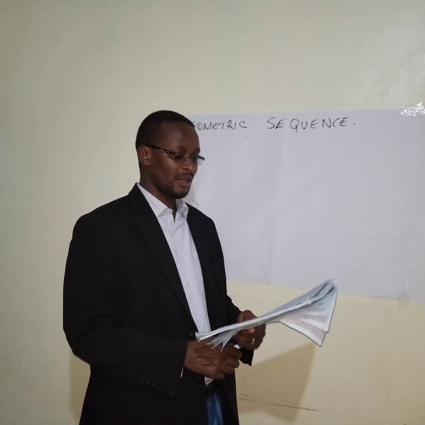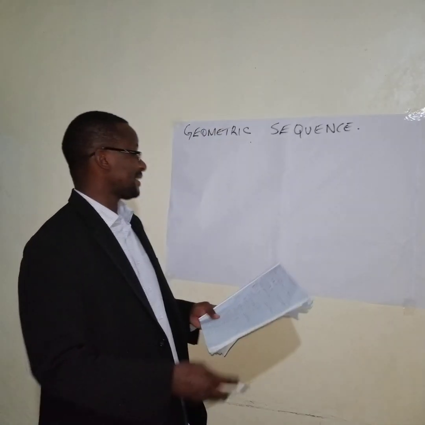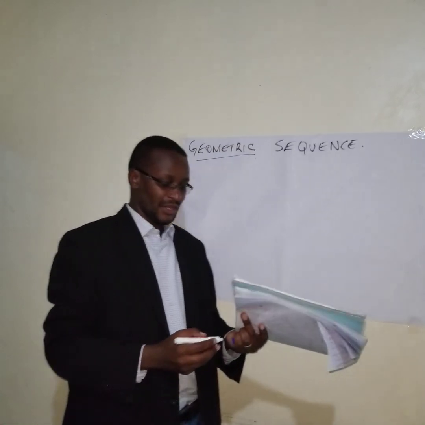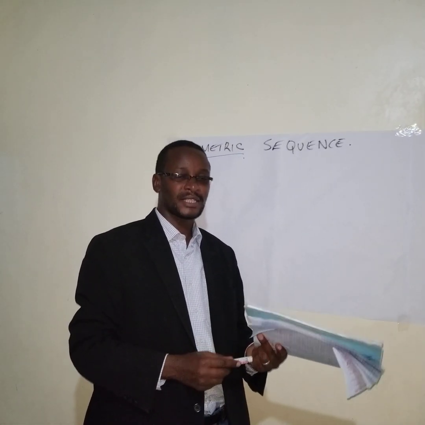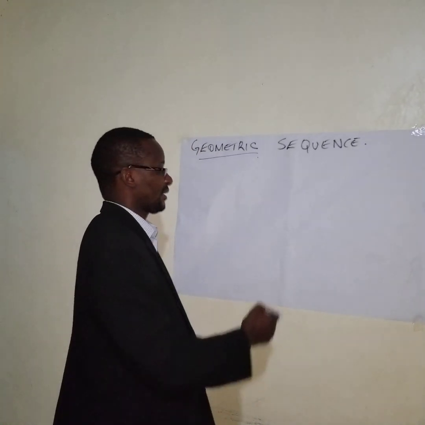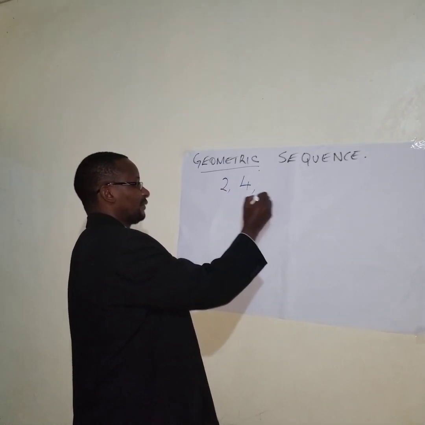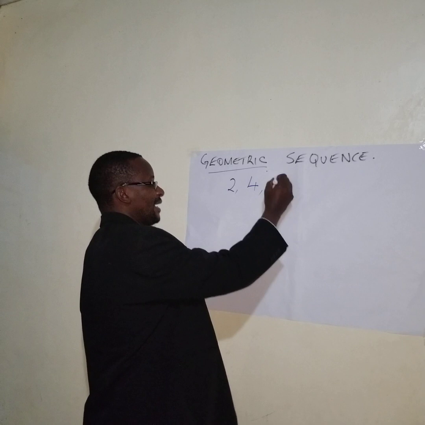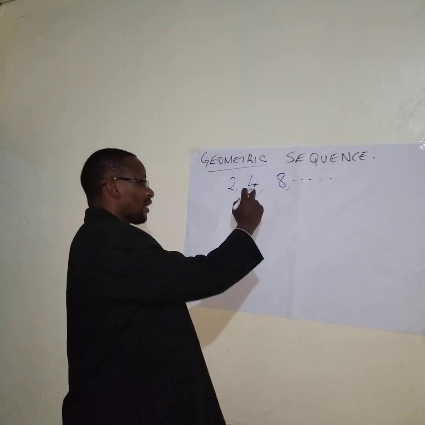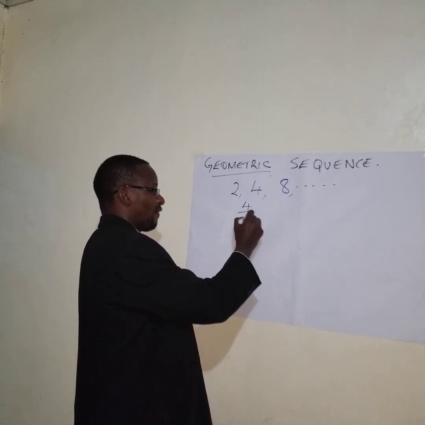A geometric sequence, as the word suggests, geometric, is one in which the ratio of the consecutive terms is constant. The ratio of the consecutive terms. So if you have one here like 2, 4, 8, the ratio of the second to the first term, normally we start with second to first, 4 over 2.